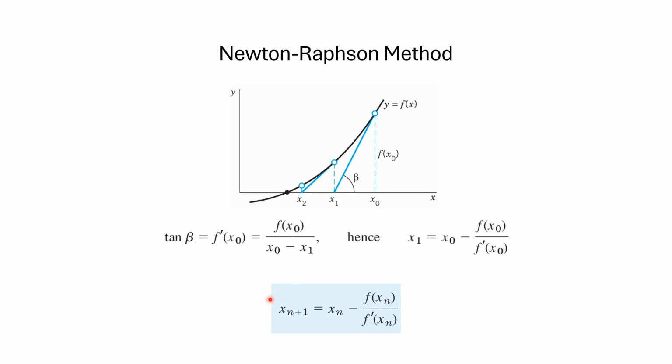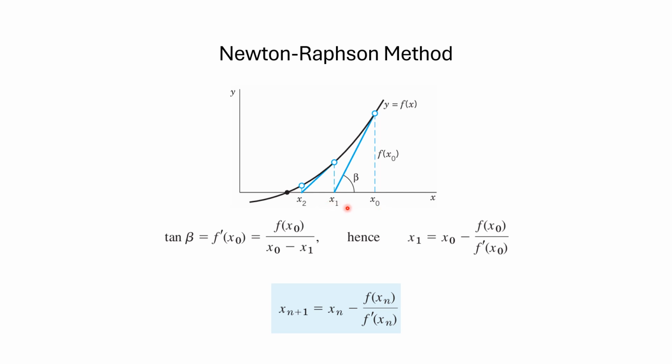Actually, the definition of the first derivative of the function at the point x0 equals delta y to delta x, delta y and delta x.